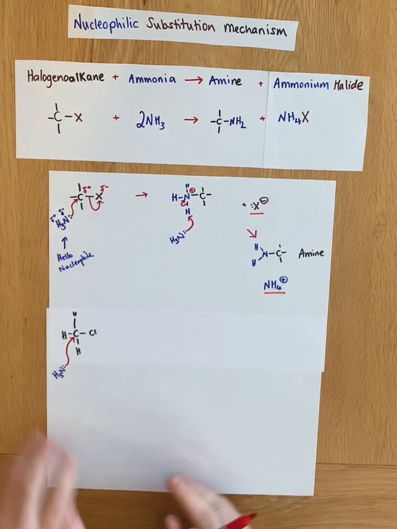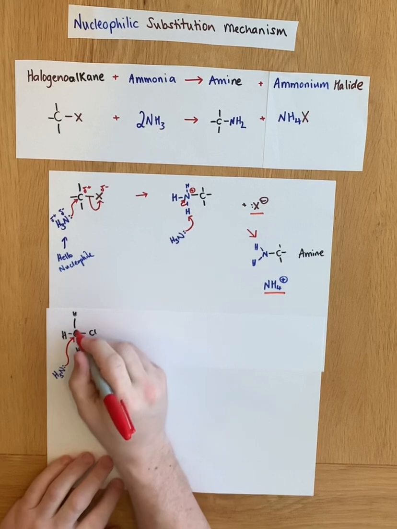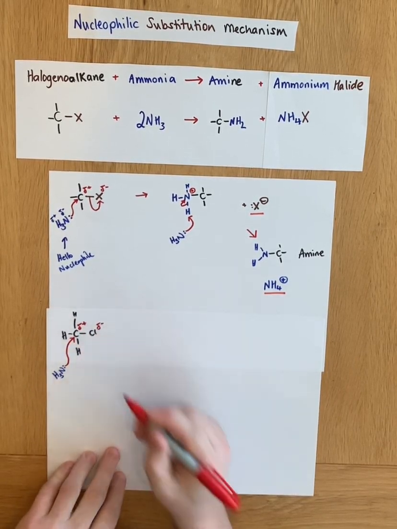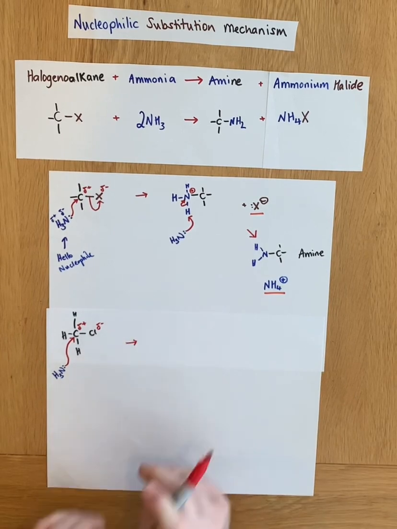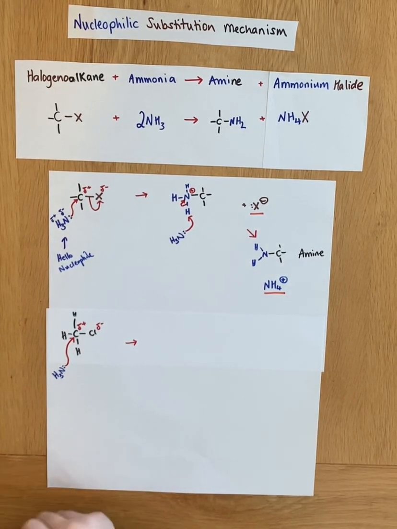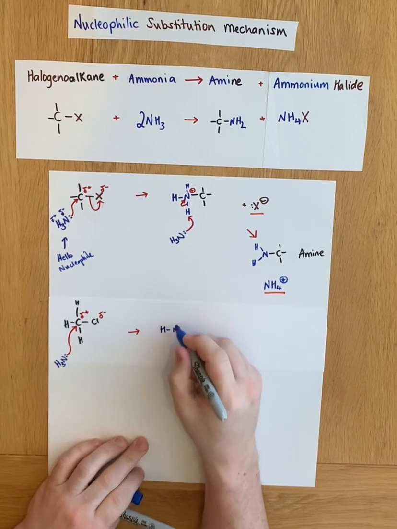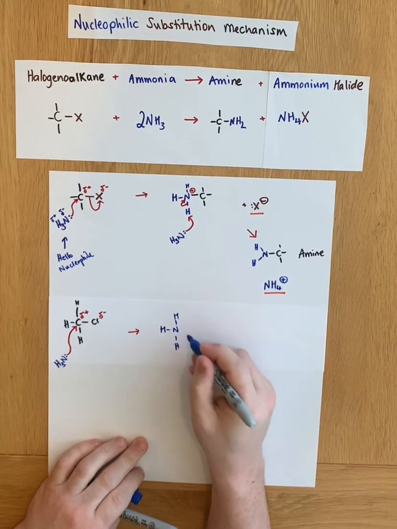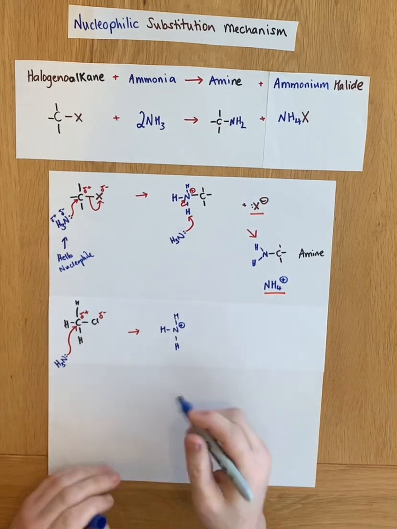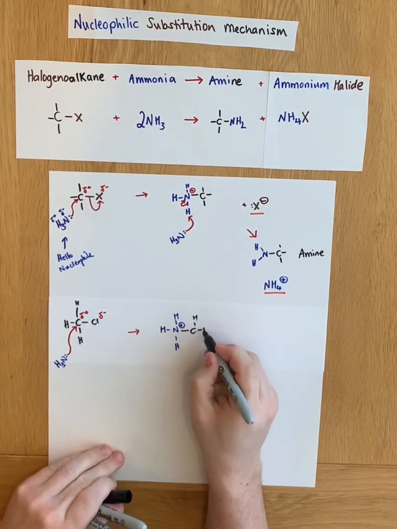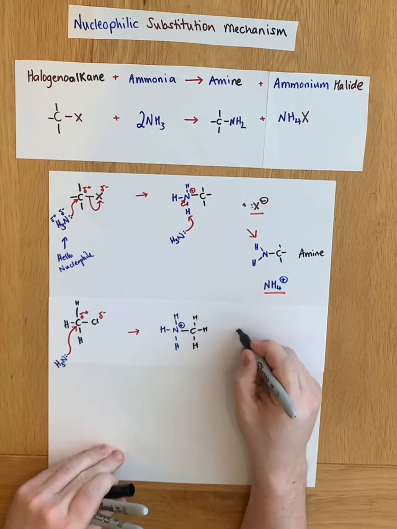Pair of electrons from the lone pair of the nitrogen goes to the delta positive carbon of the halogenoalkane. The chlorine is delta negative. That produces the positively charged intermediate with the nitrogen that has 4 bonds, and we've kicked out the chloride.